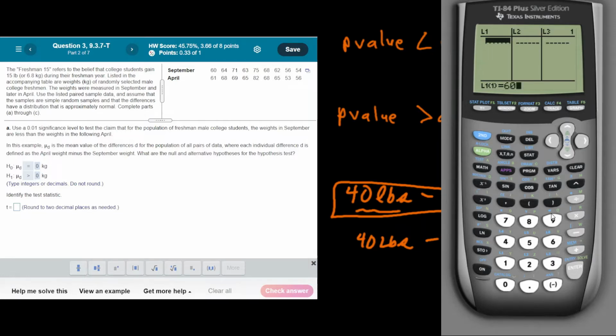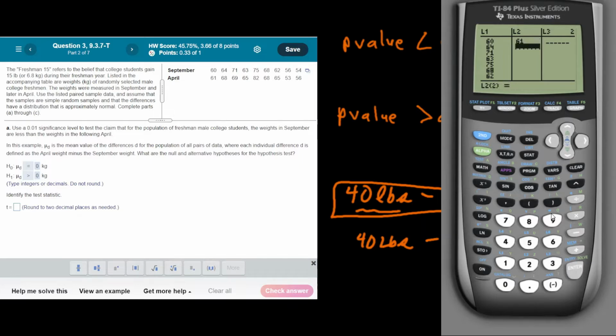So 60, 64, 71, 63, 75, 68, 62, 56, 54. All right, we're going to move over to the second row, 61.